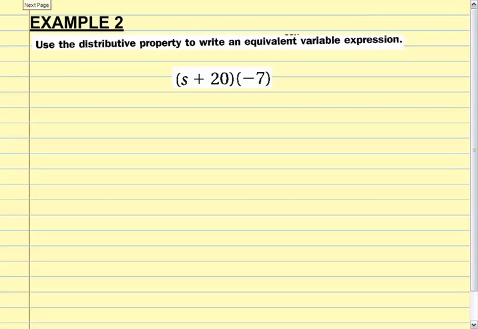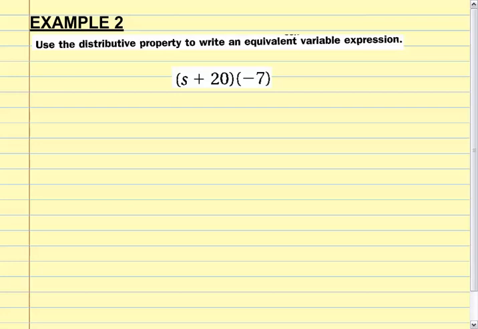Use the distributive property to write an equivalent variable expression. David, what should I do first? Well, you should multiply negative 7 by 20. Okay. Kind of like.